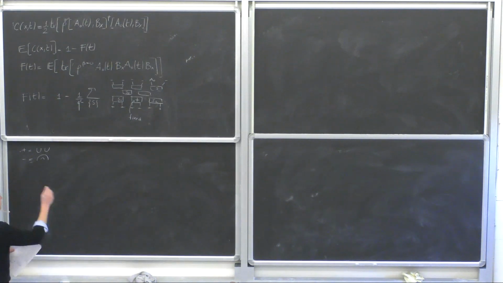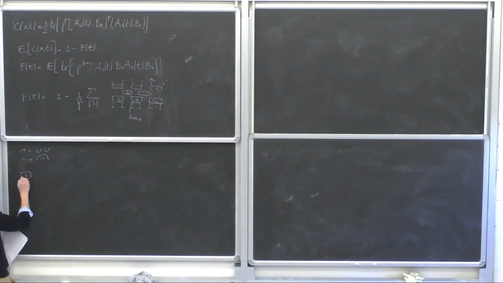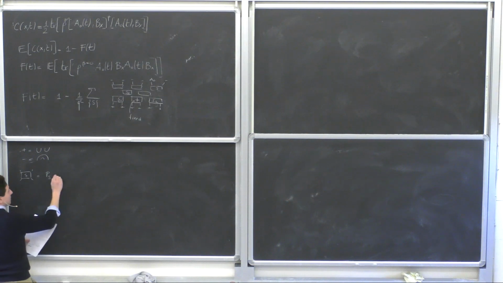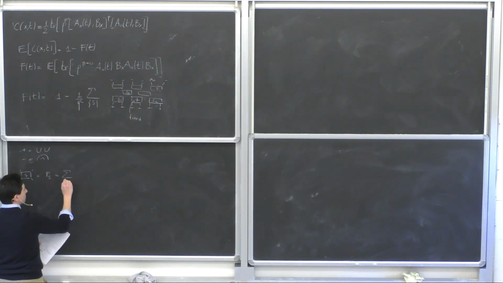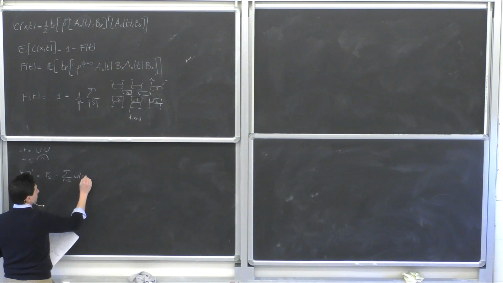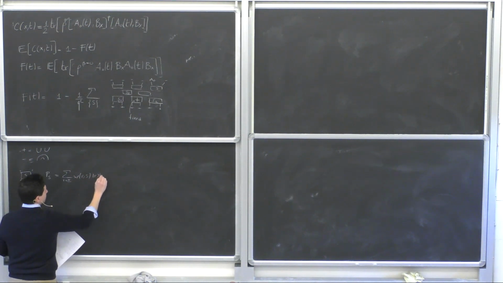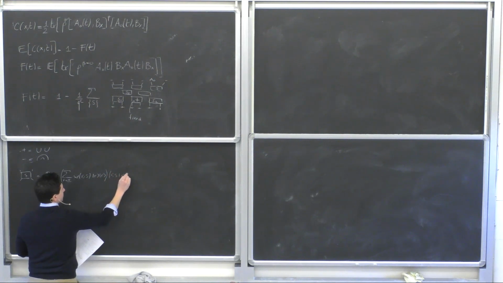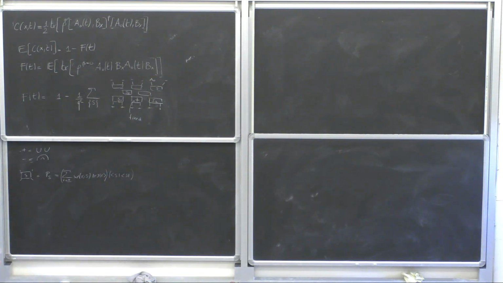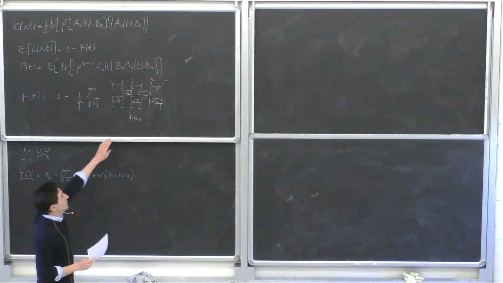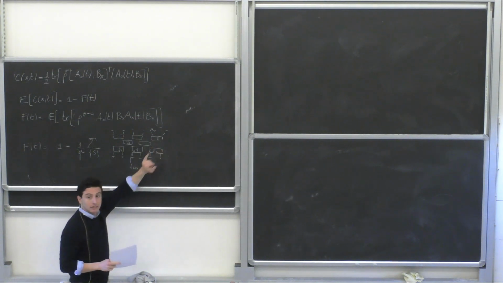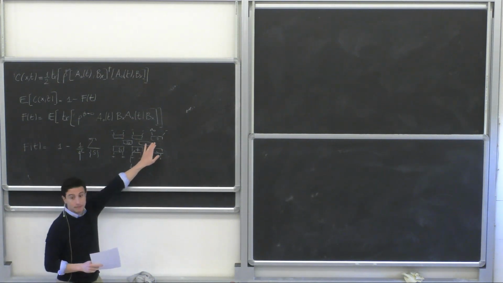Let me recall that this box S corresponds to a projector, which is sum over R. The first thing I want to do is to argue that we can substitute the spin S with a plus.